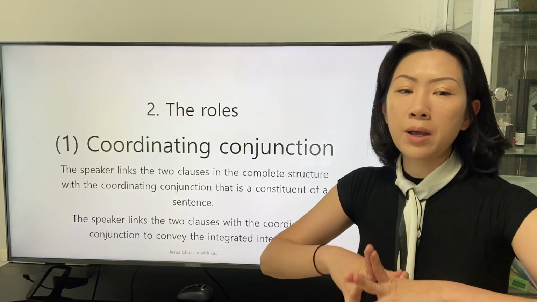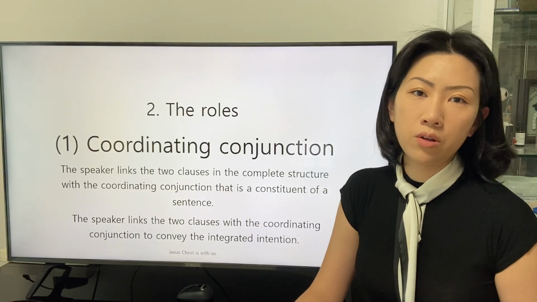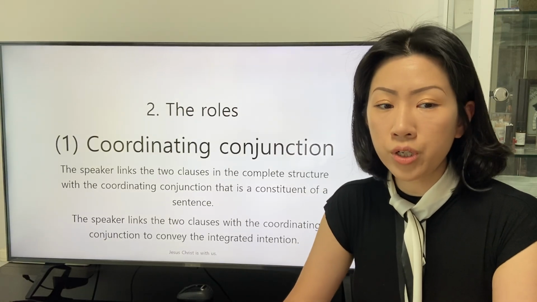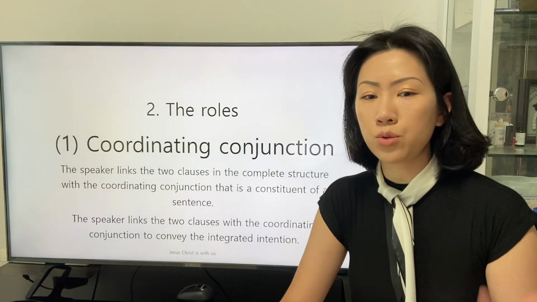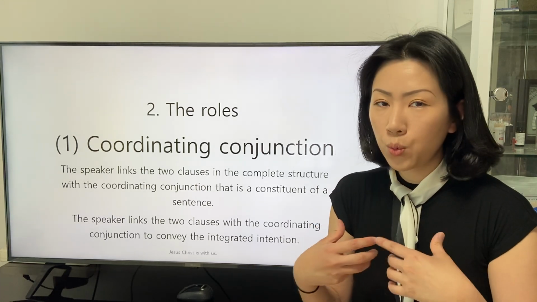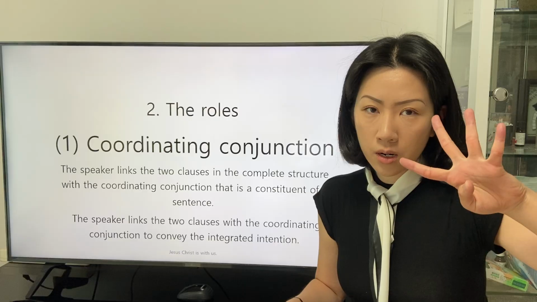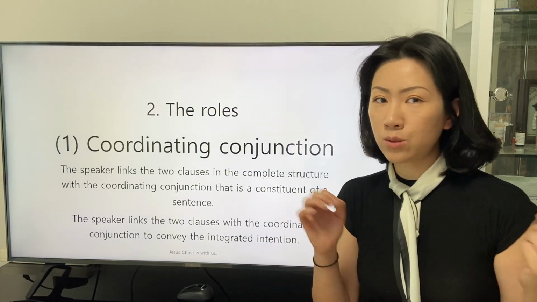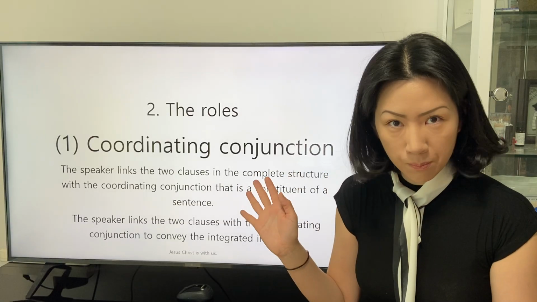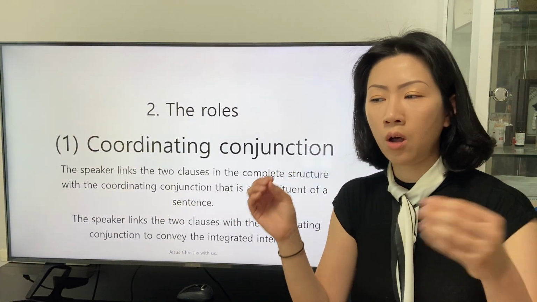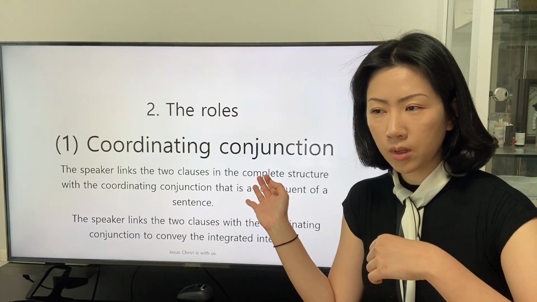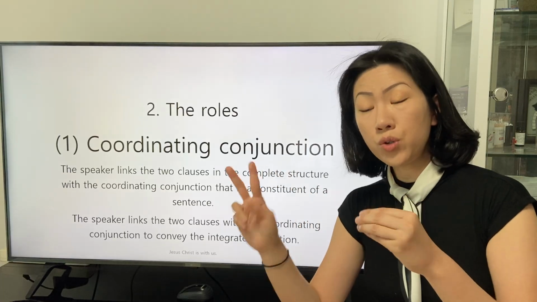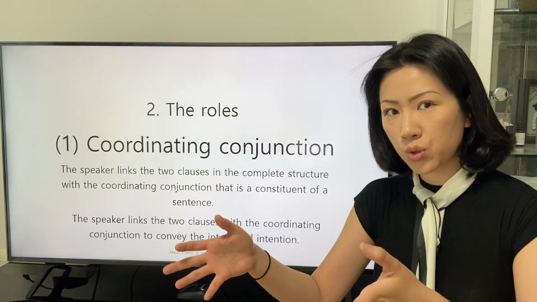So we will start to study the coordinating conjunction from now on. The speaker links the two clauses in the complete structure with the coordinating conjunction, which is a constituent of a sentence. We studied the four constituents of a clause, and as we study the sentence, a sentence can be constituted by a clause or more than two clauses.